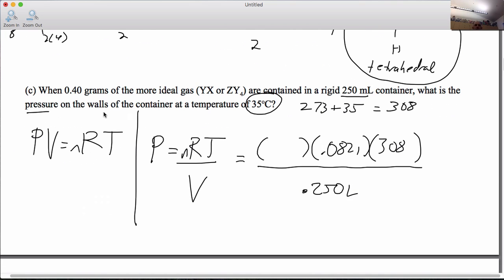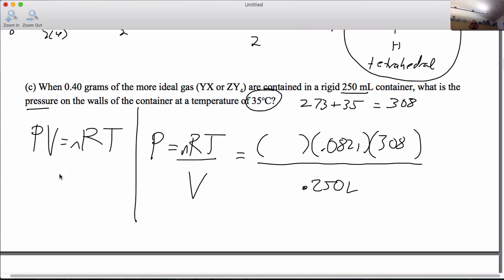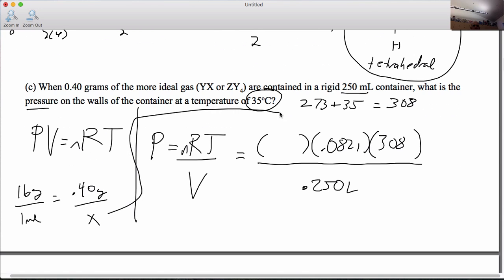Now let's go ahead and do this mole conversion real quick. We know that we're dealing with methane gas, CH4, so that's 16 grams in every 1 mole is equal to 0.40 grams divided by X moles. And that is going to be our n value. So let's go ahead and solve that. We're just going to simply take 0.4, cross multiply, and divide that by 16, and we're going to get 0.025.